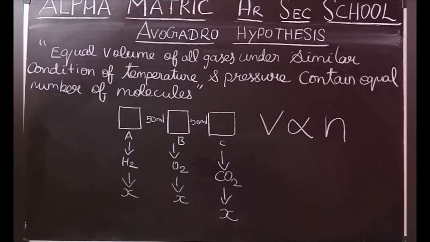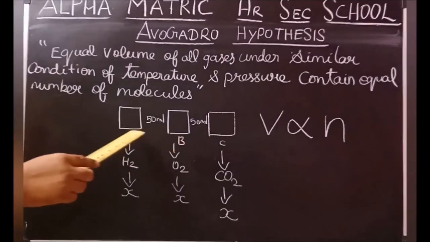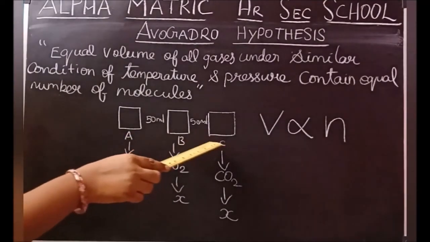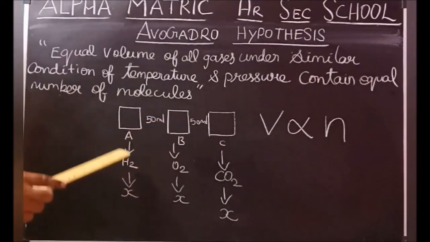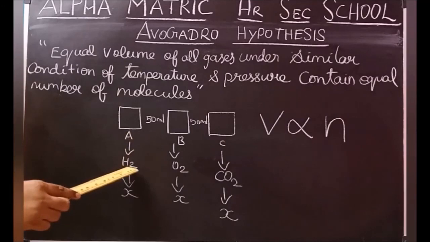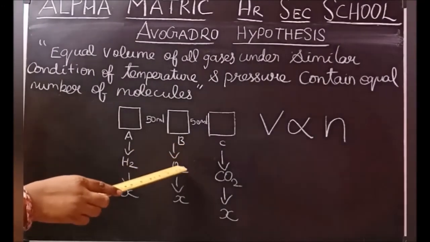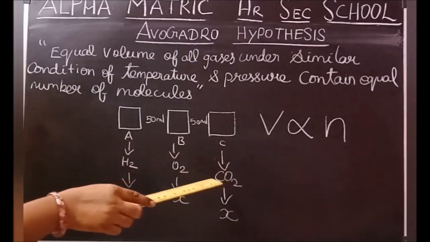Let's take the example. Here I am having 3 beakers A, B and C of same capacity of 50 ml. The first beaker A is filled with hydrogen gas, B with oxygen gas, C with carbon dioxide gas.